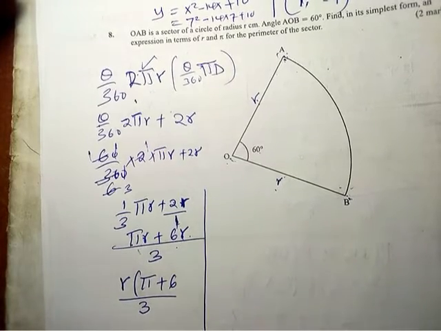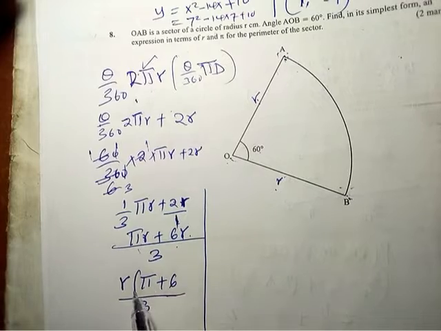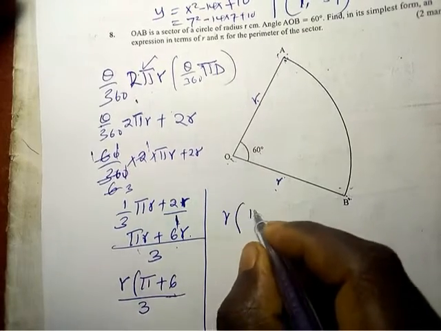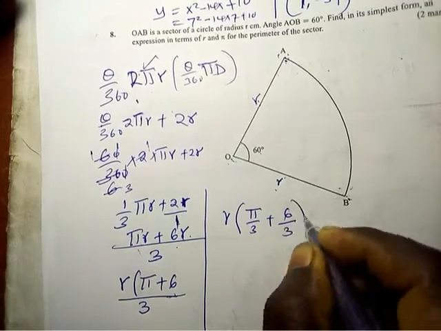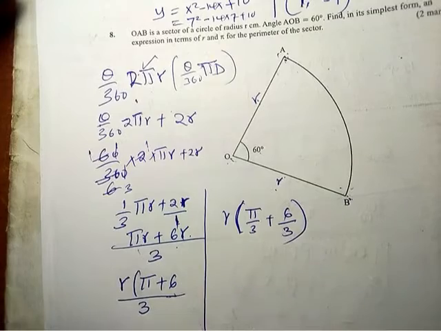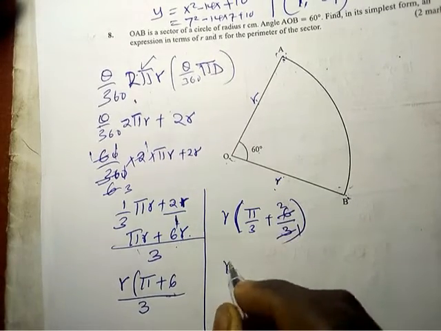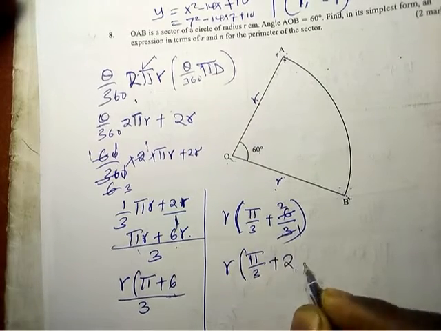Very good. Next one, we can now simplify for each. Hii ikiwa hivi inamaanisha R into pi over 3 plus 6 over 3. Hii na hii ni same, lakini hii inaenda mara moja, inaenda mara mbili. So R into pi over 3 plus 2.